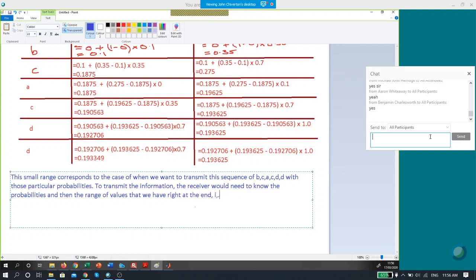So it would be any number between 0.193349 and 0.193625. So yeah, that's the idea.